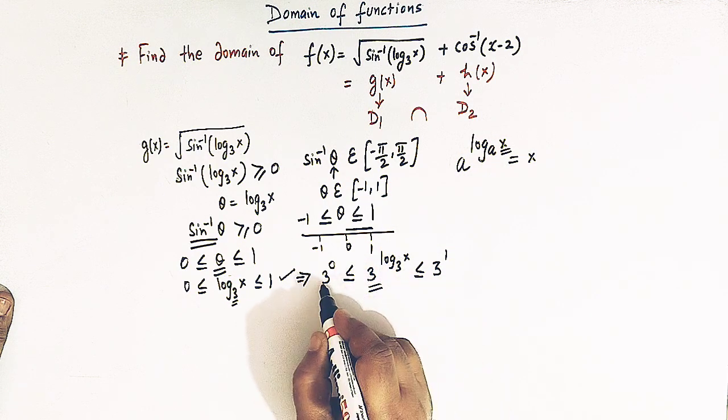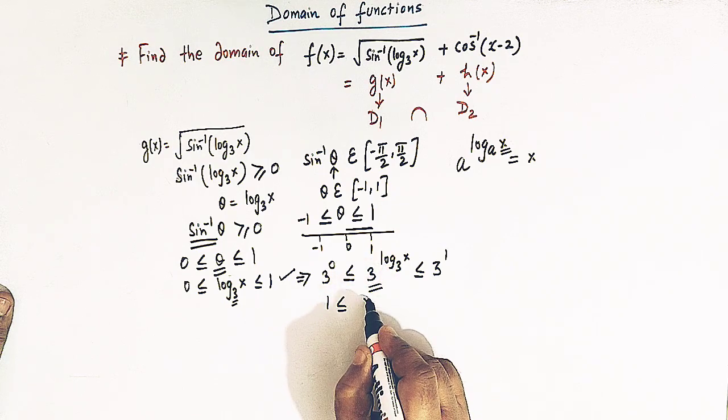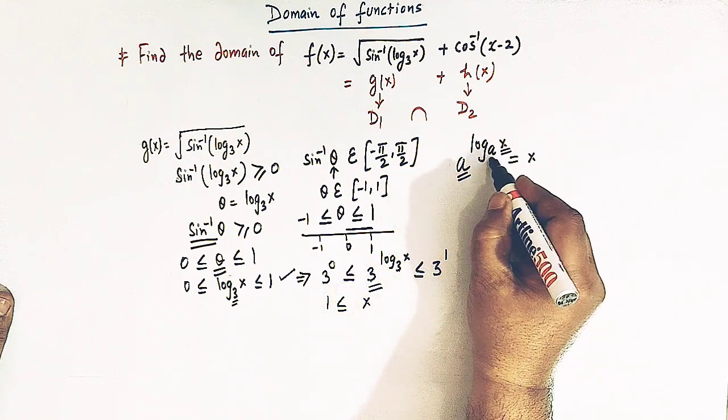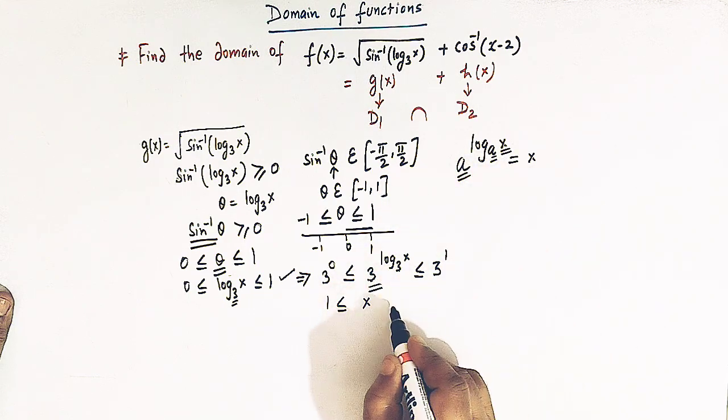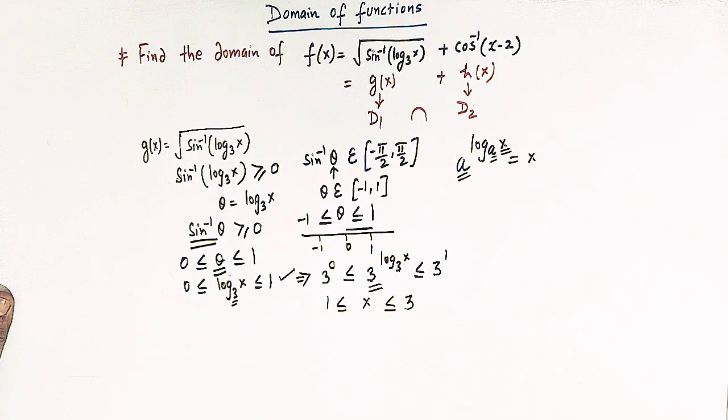So here 3 raised to 0 is 1, and here we have simply x, because here this is 3, this is 3, so the value of a is 3, right? And here we have 3 raised to 1 is 3, right?